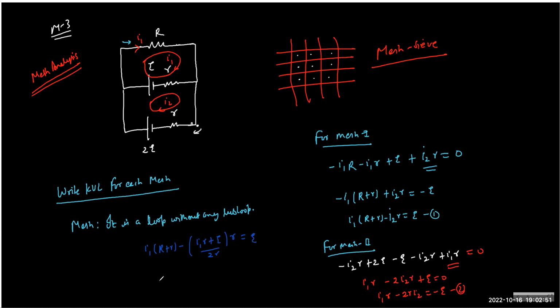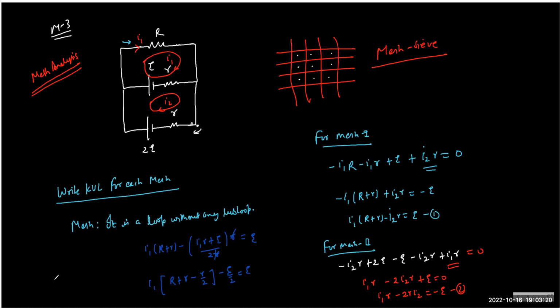Yeah. This gets cancelled. So we are getting I1 comma R plus R minus R by 2, R by 2 and minus E by 2 is E, right?